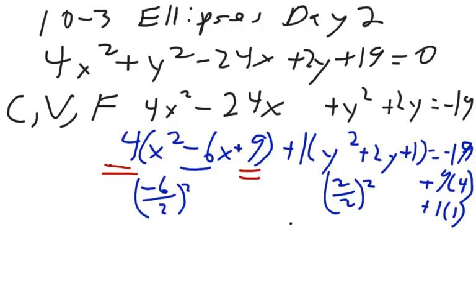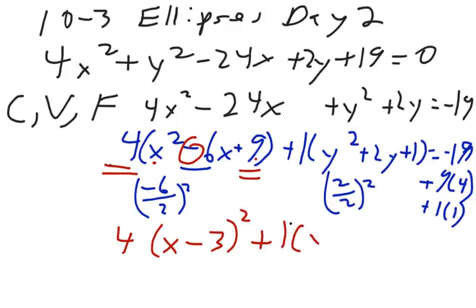So going back here, we got 4 in parentheses, break down x squared to be x, break down 9 to be 3, and since we got a negative, that's our negative in the middle, plus 1 on the outside, break down y squared is y, break down 1 is 1, and we got a plus sign here, so we got a plus sign here.